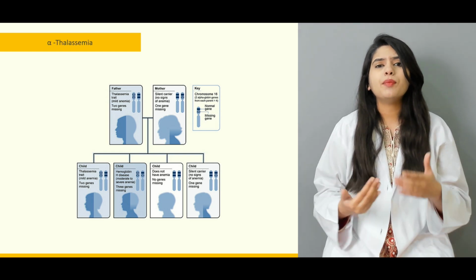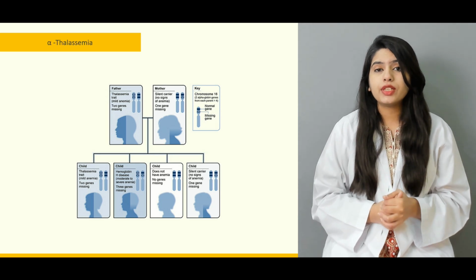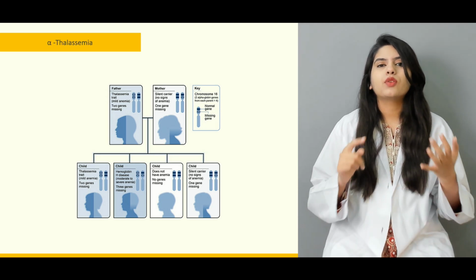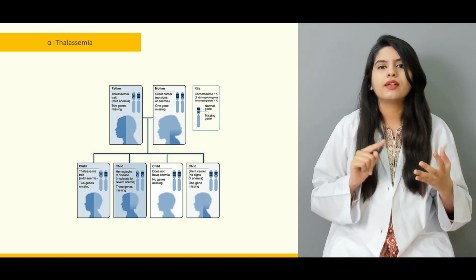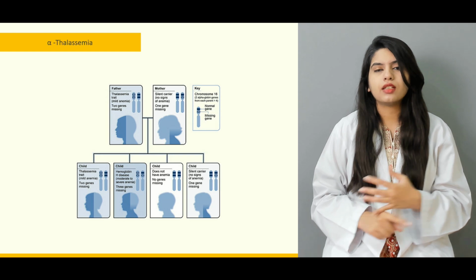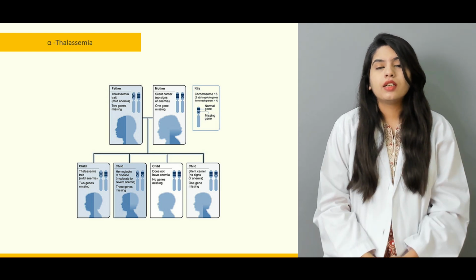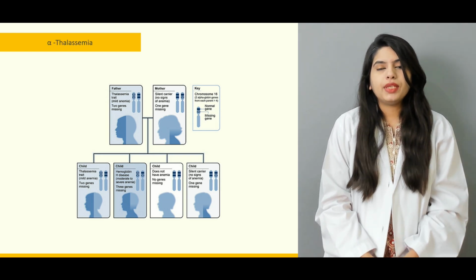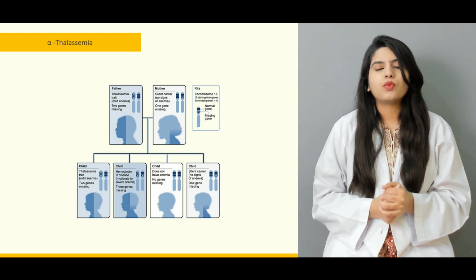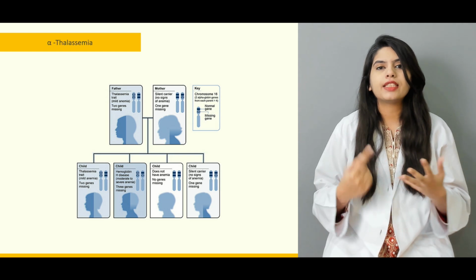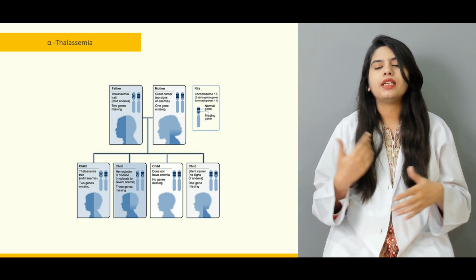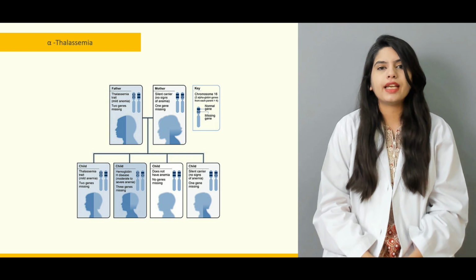Now, depending upon the type of the defect, whether there is a defect on a single alpha gene or both alpha genes, where there are 3 or 4 alpha genes inside the body, there will be manifestations of the symptoms. Depending upon these things, the disease can be homozygous, heterozygous, or the patient may be a silent carrier.